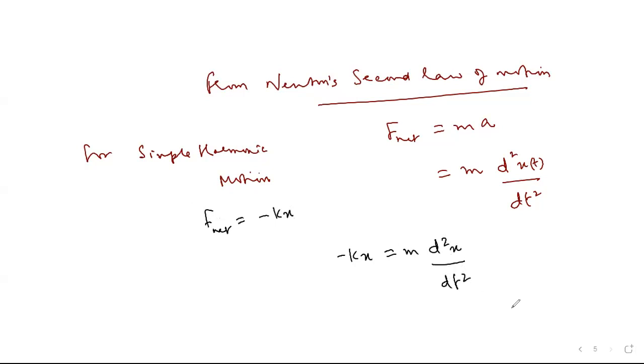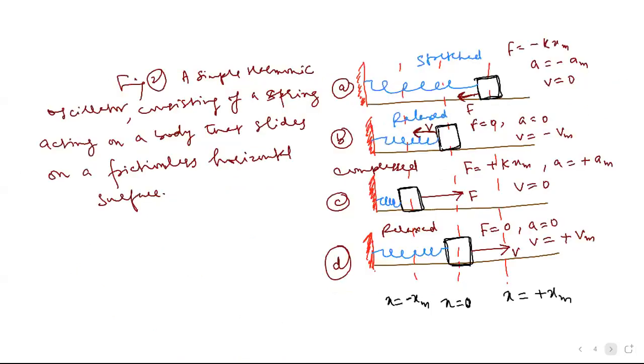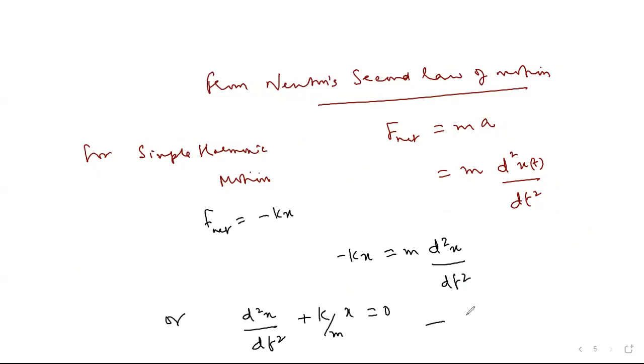We can write minus kx is m d2x by dt2, second order derivative of position with time, or I can write it this way, d2x by dt2 plus k by m x is 0. We name it as equation 3. Let me encircle it.